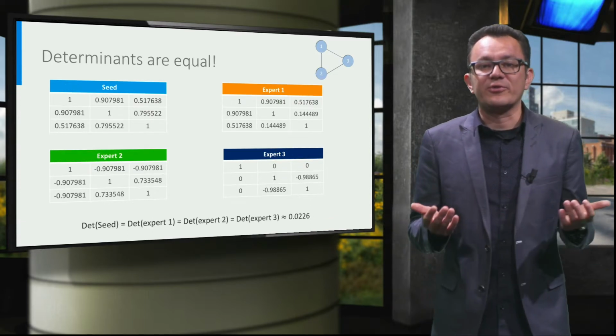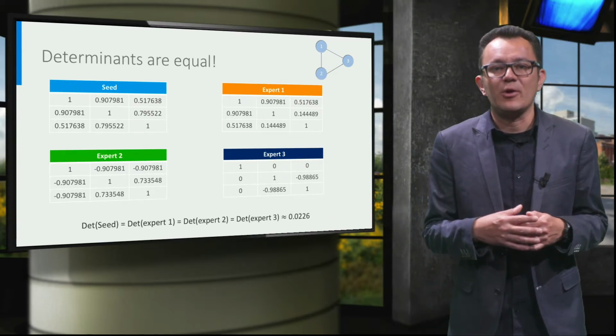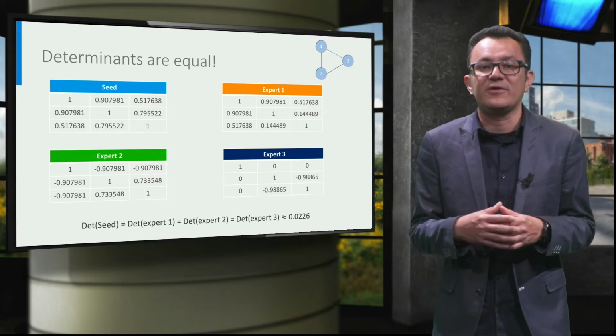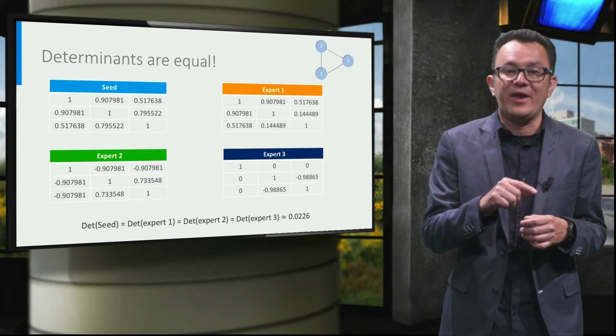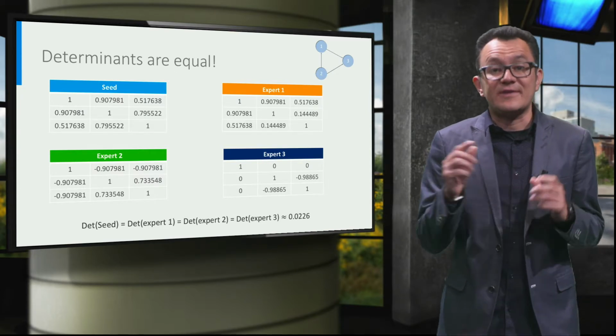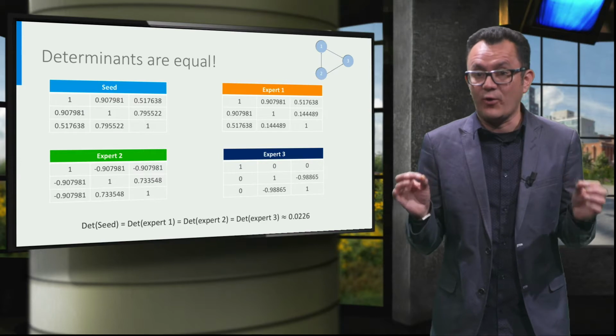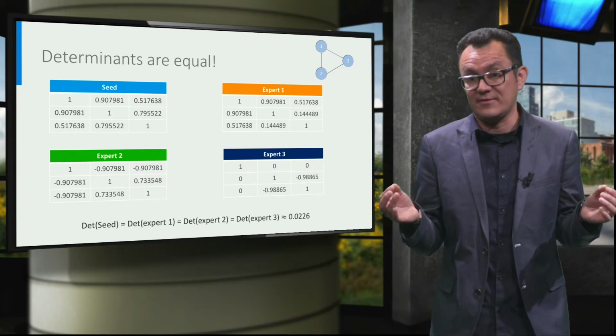Inspired by previous results about correlation matrices, one may think that perhaps a difference between the determinants of the seed correlation matrix and those estimated by experts is a good measure of experts' performance on dependence assessment.